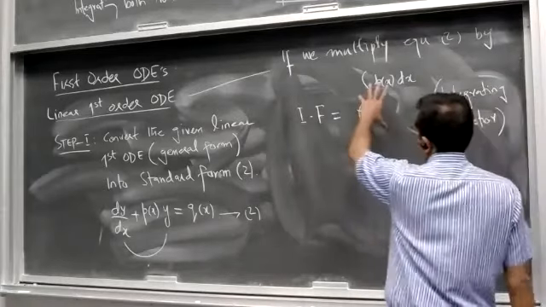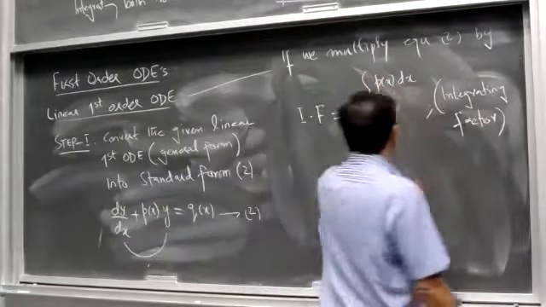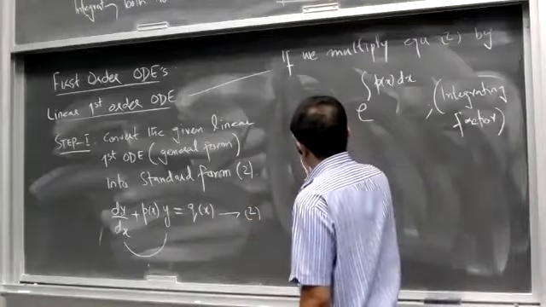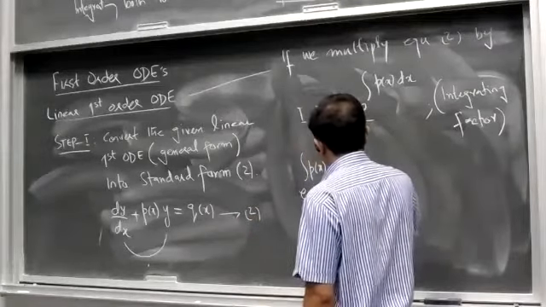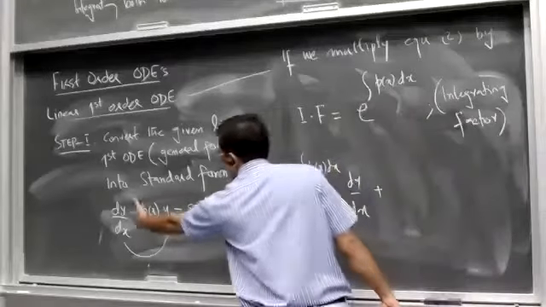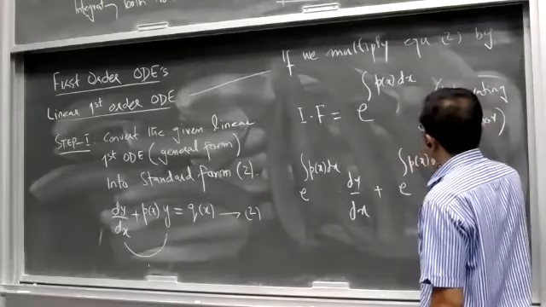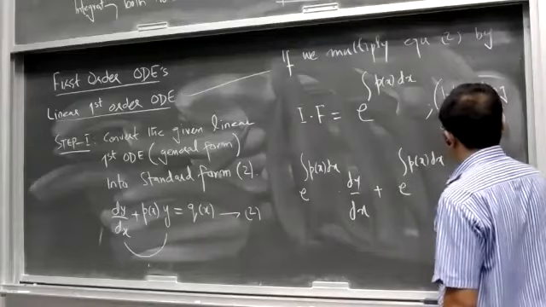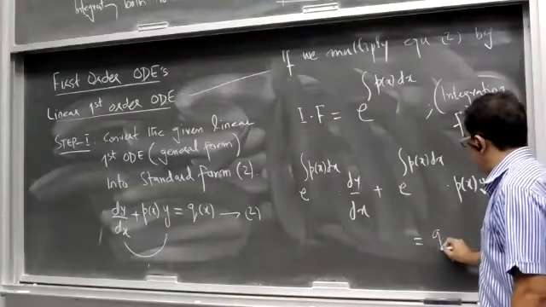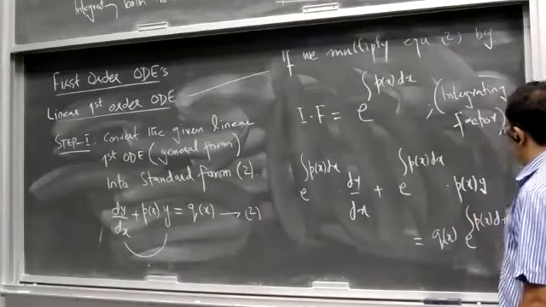Now, if we multiply this equation with the function e raised to the power integral p of x dx on both sides, we get this thing times dy by dx, plus, since it is multiplied with both terms, e raised to the power integral p of x dx times p of x y is equal to what was the function, q of x, times e to the power integral p of x dx.